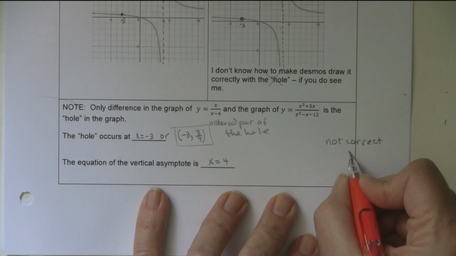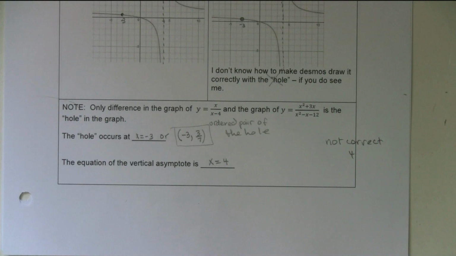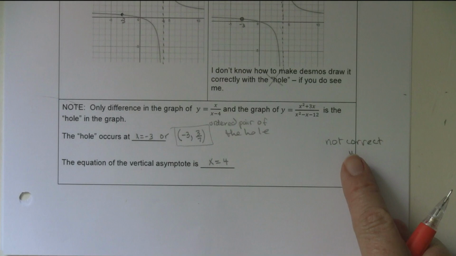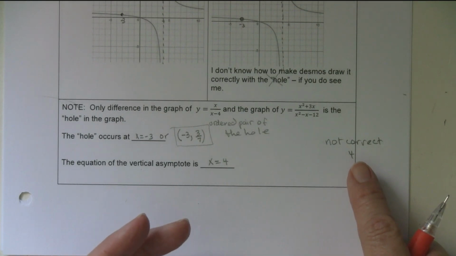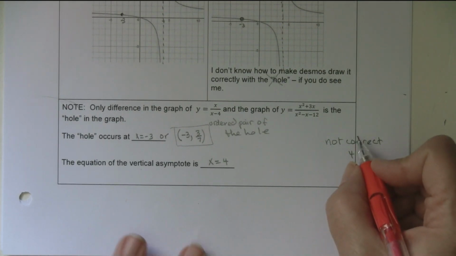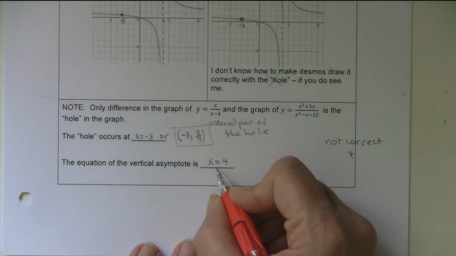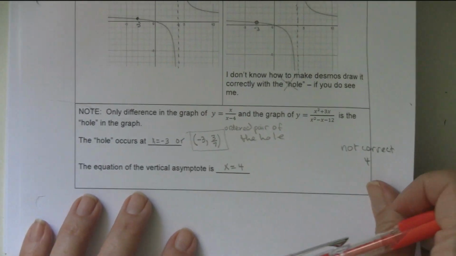People will put simply 4 when asked for the equation of the vertical asymptote, and that's not correct. You want to make sure, because when you say 4, you're not indicating to me a vertical line. You're not indicating to me a horizontal line. So it is not correct to write just 4. You want to write x equals 4. Okay.